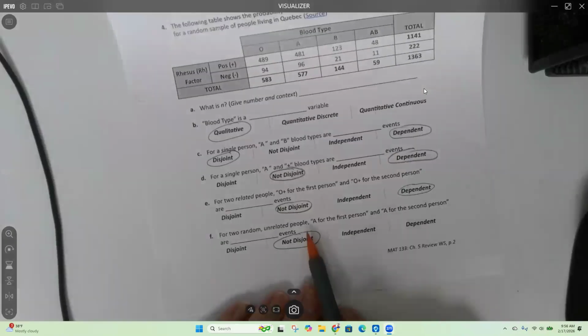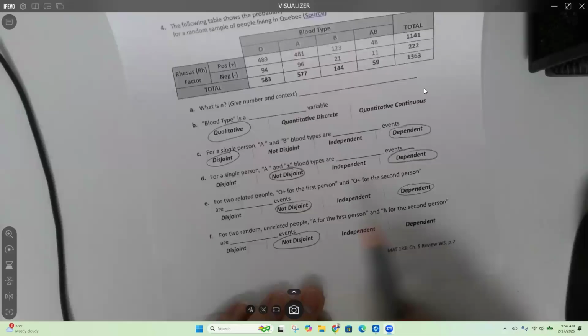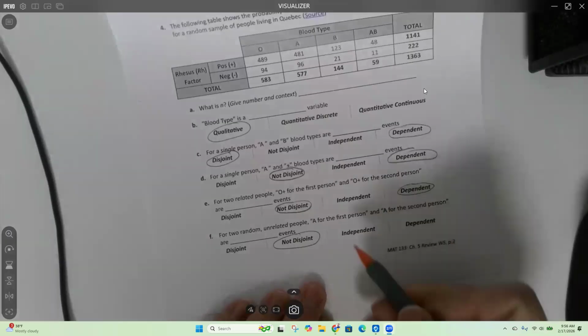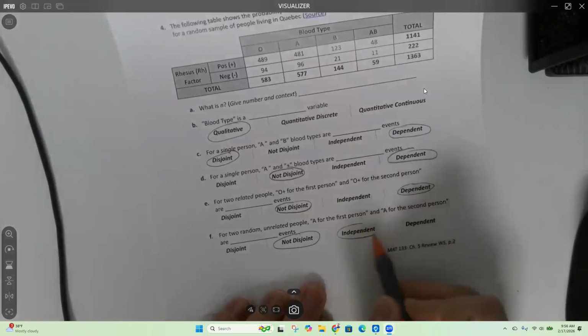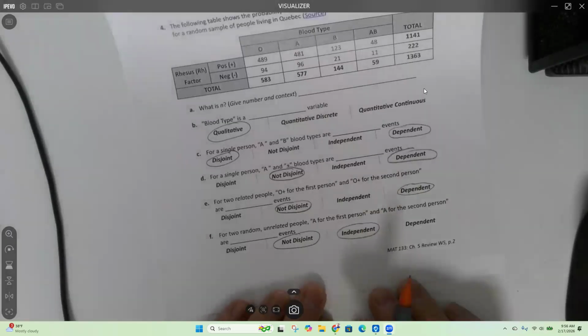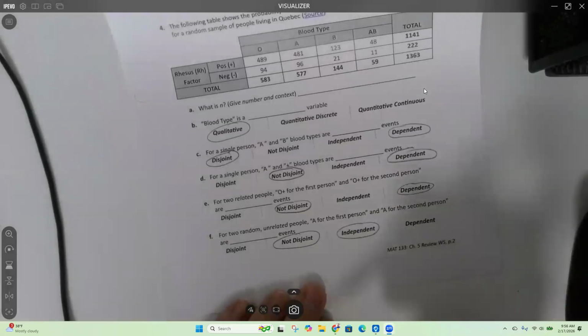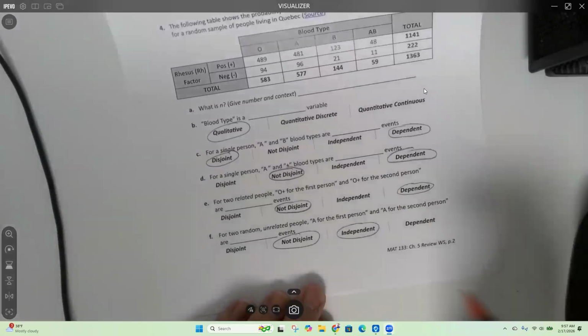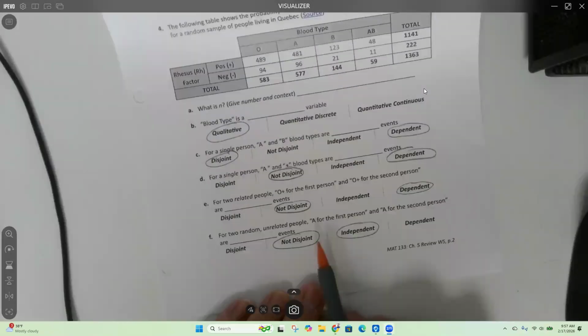Now, if I say that I'm A, does that increase the probability that my friend is also A? It does not, right? These are independent, okay? Unless we became friends over me donating blood to him, I don't think that's what happened.